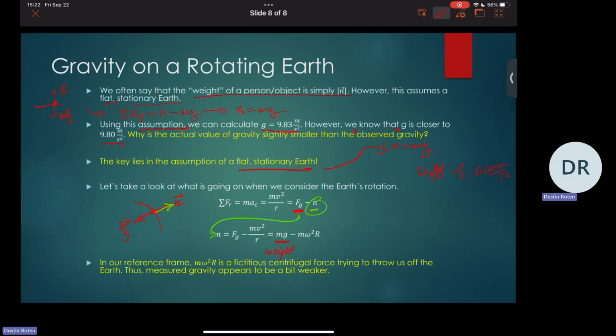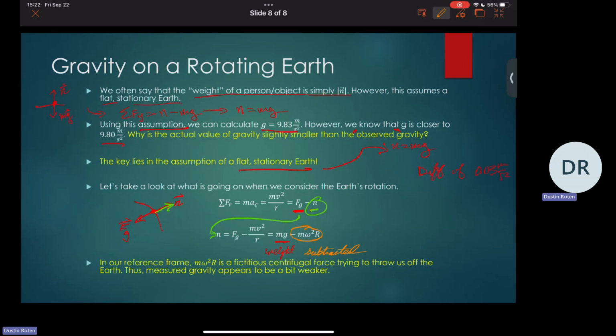When we solve for the normal force, we have our weight minus, I'm going to use a third color, a term. So we're subtracting from the weight, right? We have our total weight, mg, minus a little piece of that. So it's reducing the weight by a little bit.